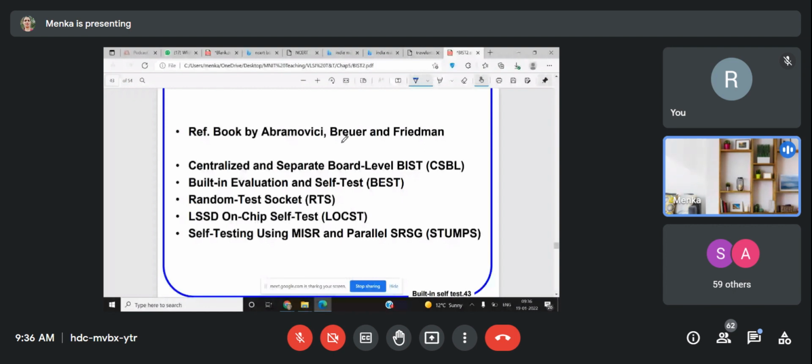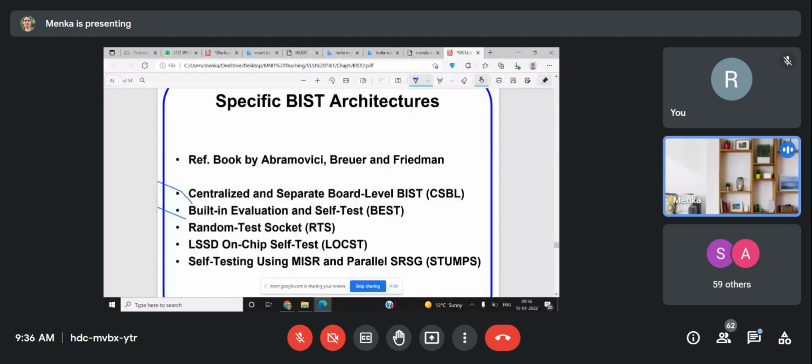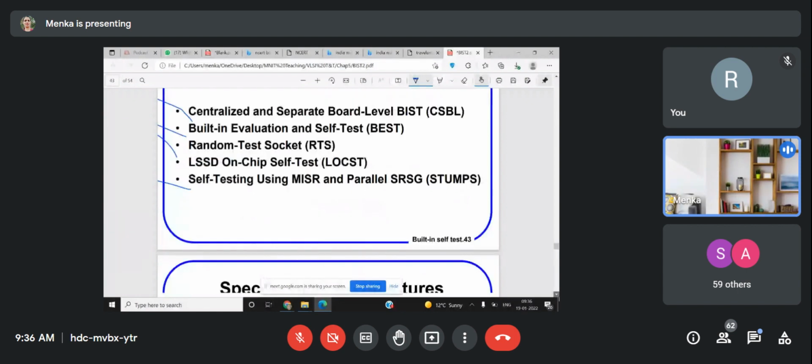Centralized and separate board level BIST architecture, built-in evaluation and self-test architecture, random test, LSSD on-chip self-test, self-testing using multiple input signature register and parallel SRSG. So these are different architectures, and these are a little more about this.